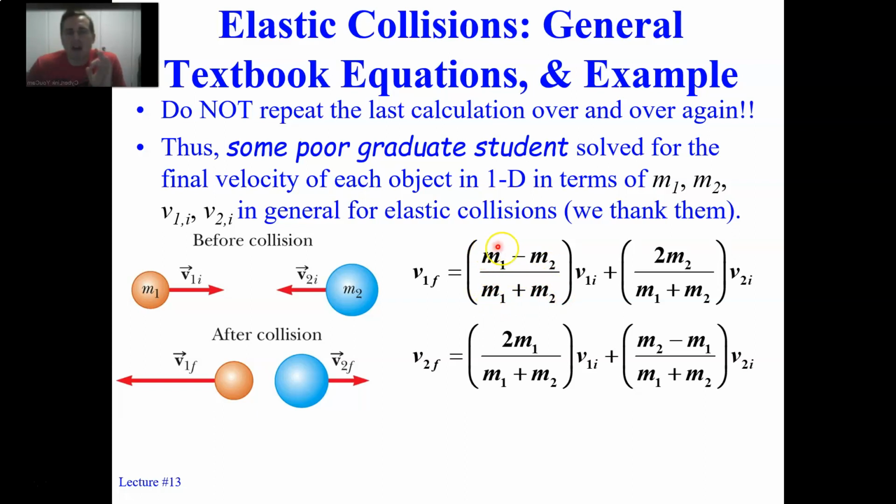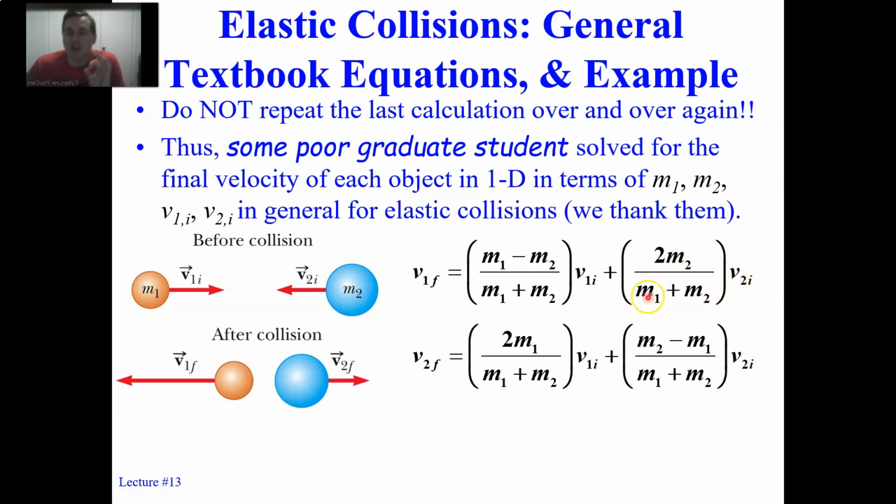If mass 1 is larger, this will be more of a positive influence, and if mass 2 is larger, this will be more of a negative influence on mass 1's final velocity. Notice that mass 2 matters more, though, because of the transfer to mass 1's final velocity, because there's a 2m2 in this term coming from object 2's initial velocity.